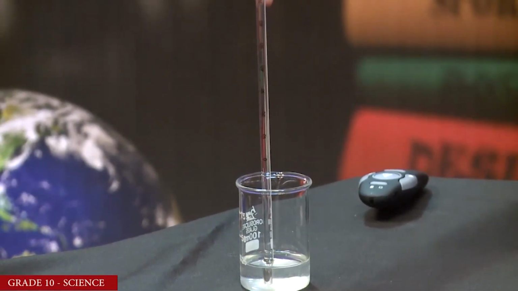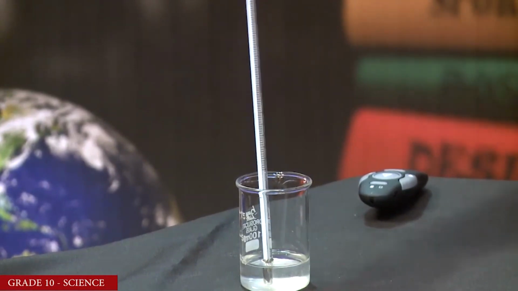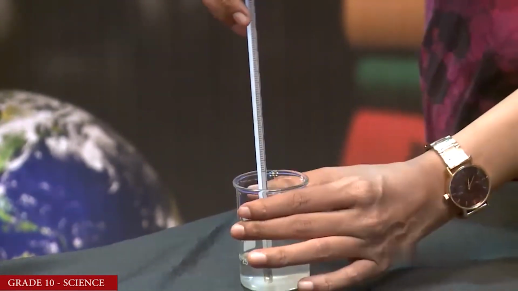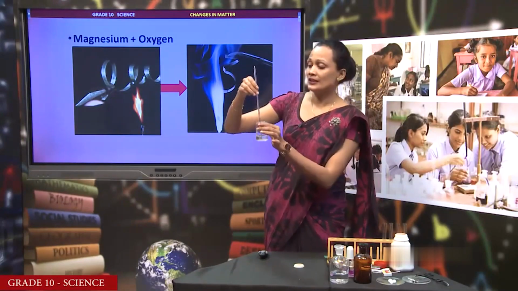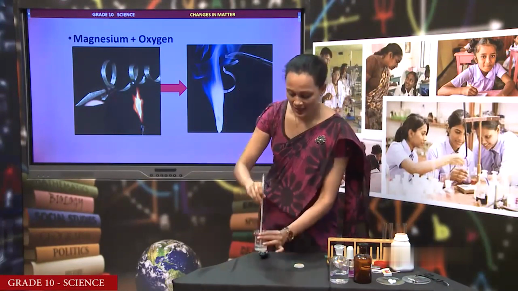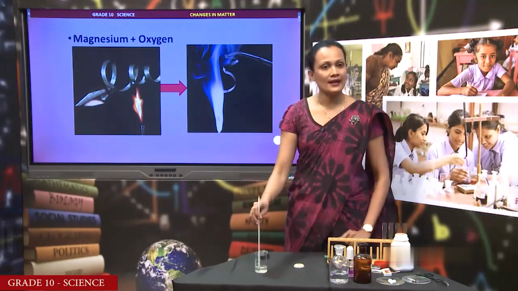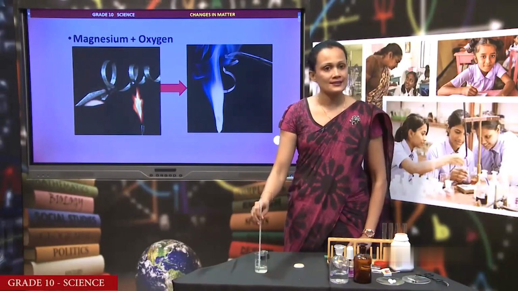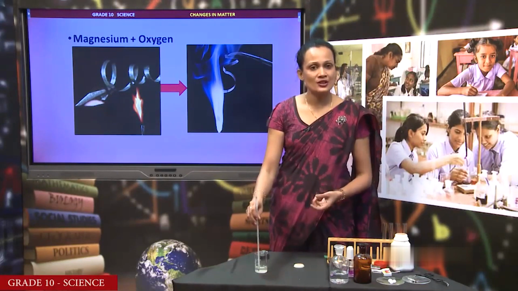That's why the thermometer reading increases. Now if you see it, the temperature is now 33. Likewise, until all the sodium hydroxide dissolves in the sulfuric acid, the temperature increases. That means a change occurs.